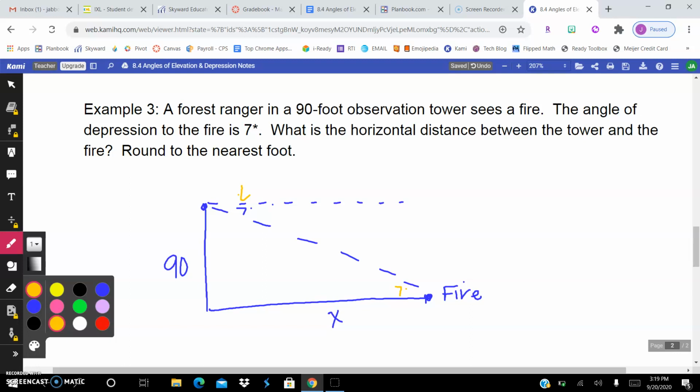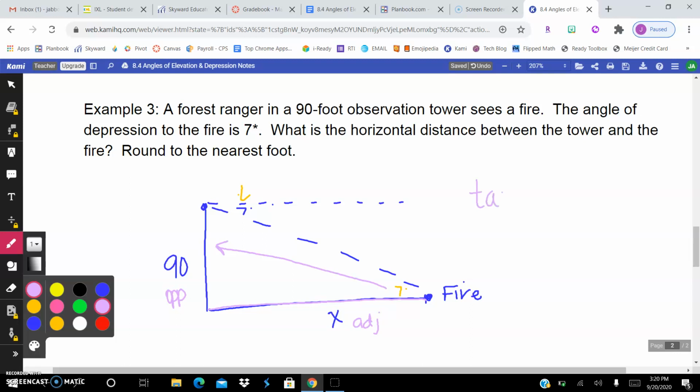So we need to figure out what x is. And looking at this picture, I know this would be our opposite. And this would be an adjacent side because it's touching our angle. So opposite and adjacent would be, again, tangent.